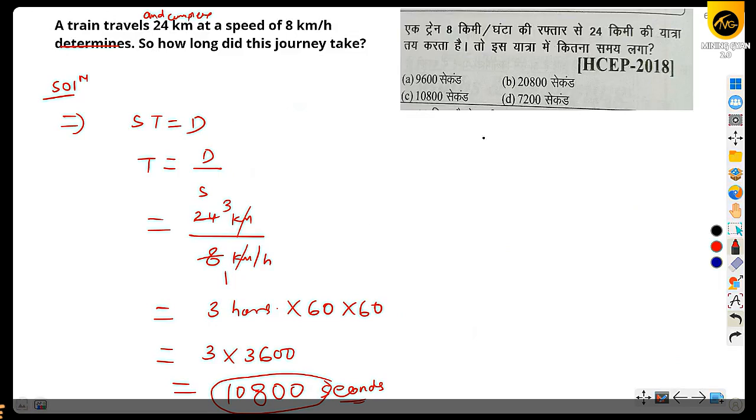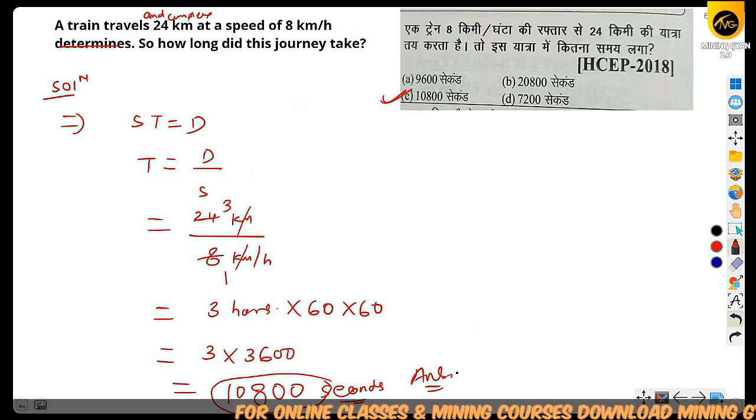The answer will be option C, 10,800 seconds. Correct, Shankar Singh, Ponnam Venkatesh, correct. 10,800 seconds is the correct answer.